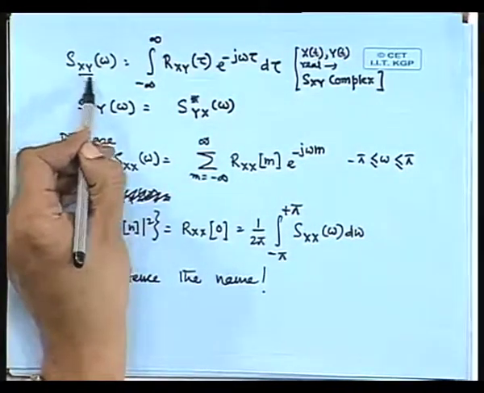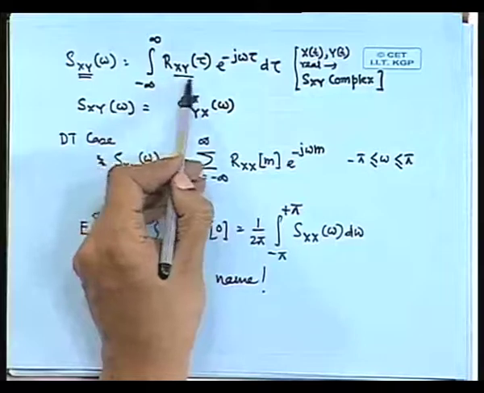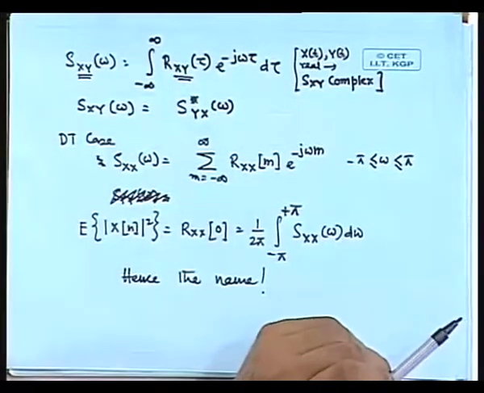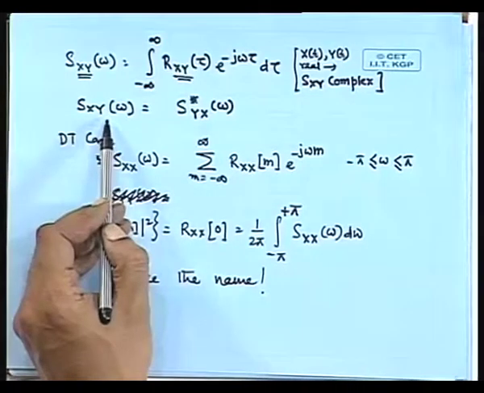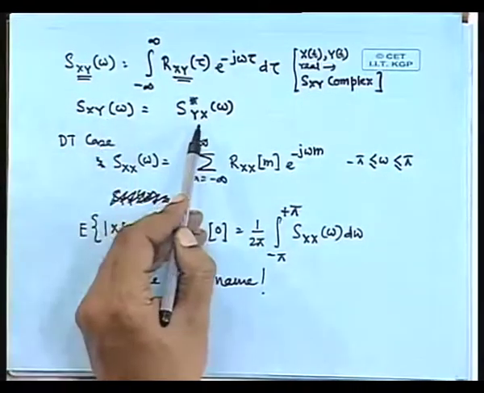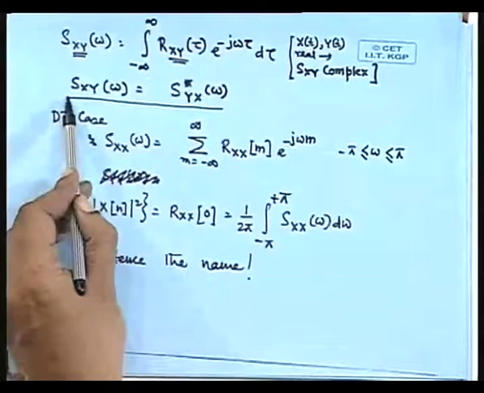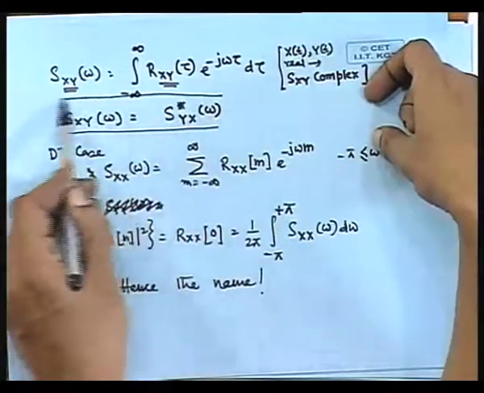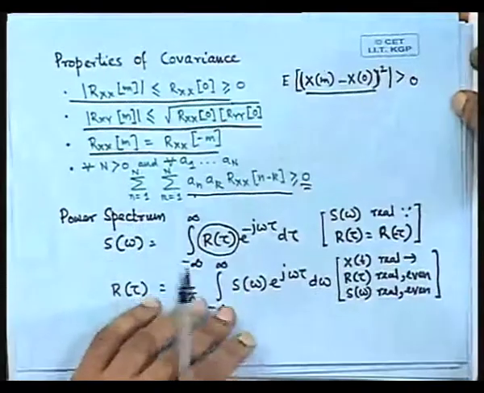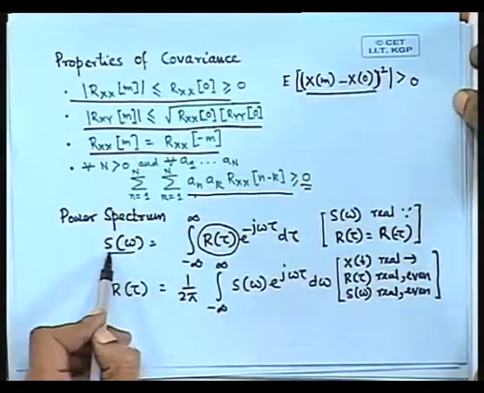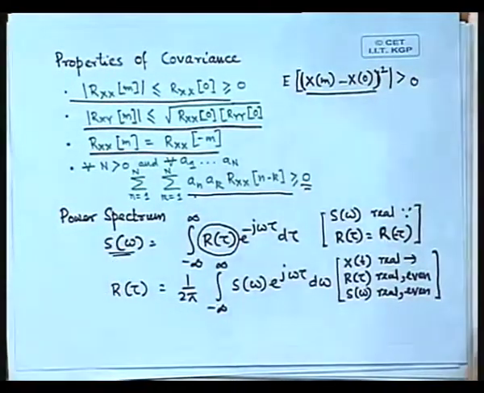So if you are defining a cross power spectrum, then you take Rxy tau. Now it is reasonably easy to find out that Sxy omega is S star Yx omega. That is, incidentally, if this S omega is a function of omega, what sort of function?